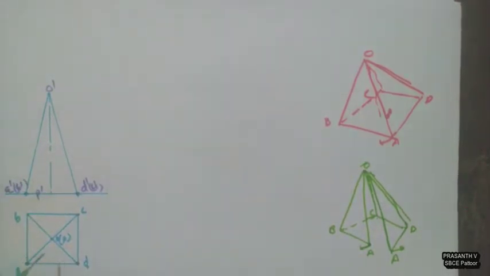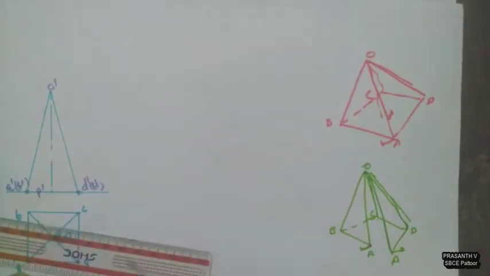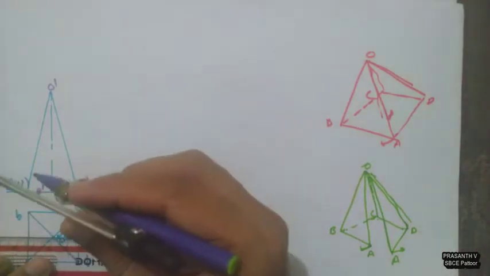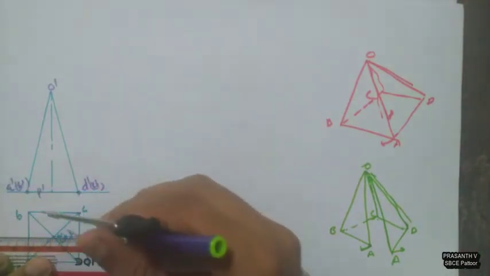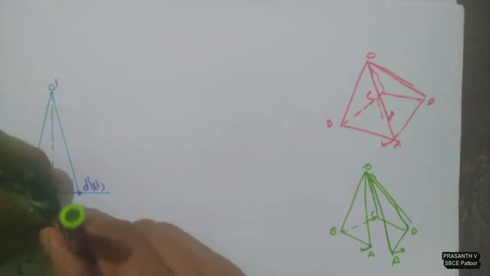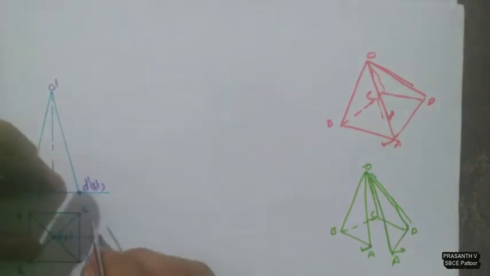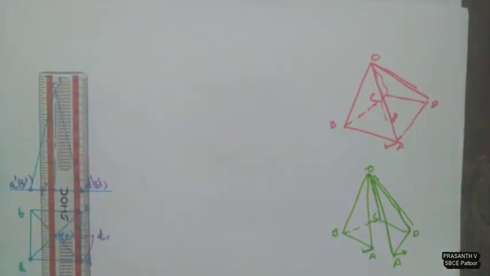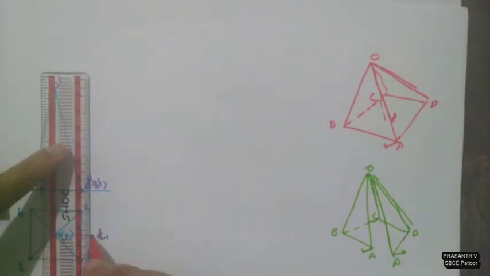From the center draw a horizontal line. First I have to make this OD parallel. So here I will get D1, then project D1.